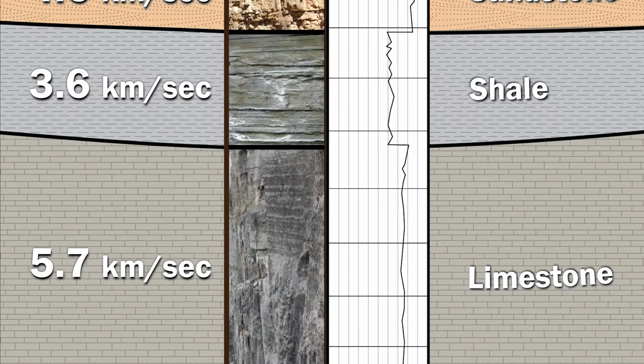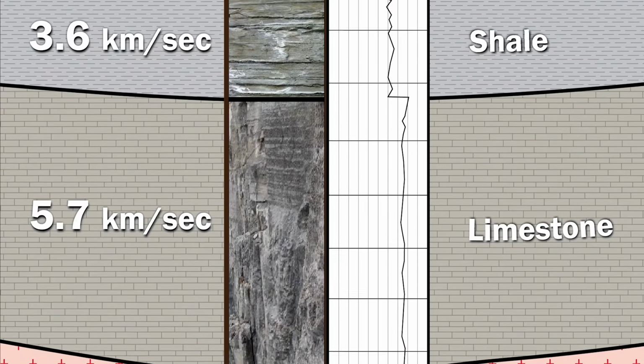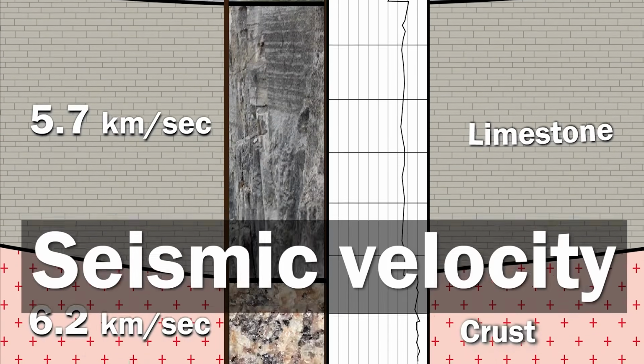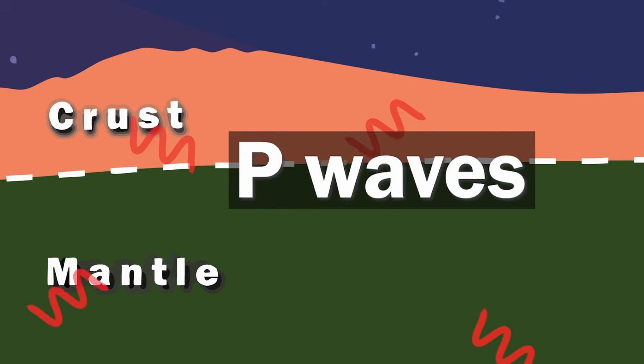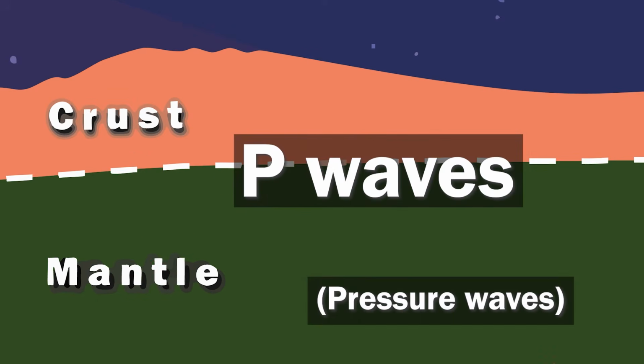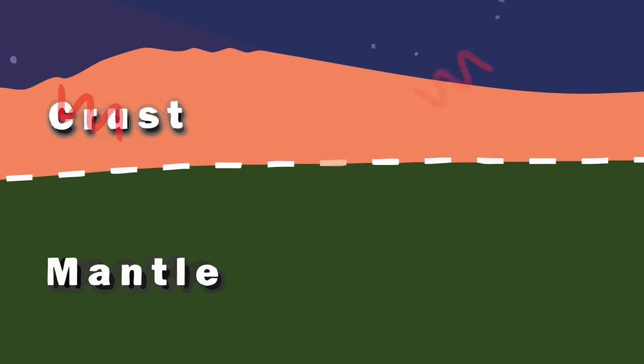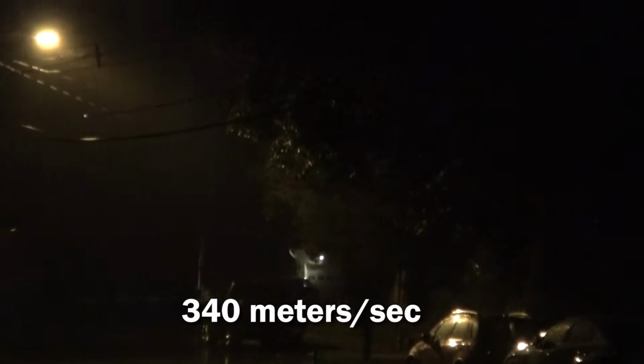Every variety of rock has a rate at which seismic waves travel through it. That's known as the rock's seismic velocity. Seismic waves, known as P waves, behave a lot like sound waves, so we can better understand seismic velocity by understanding how the speed of sound varies in air versus water. Sound carries quickly through air with a velocity of 340 meters per second.